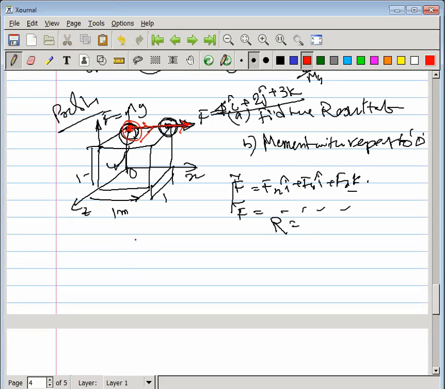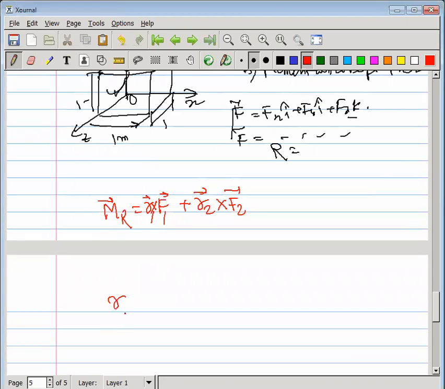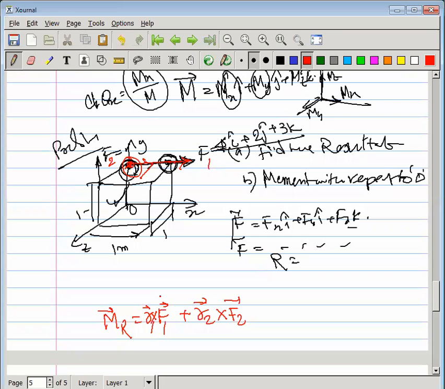Now next, what we have to do: the resultant moment is nothing but r1 cross F1 plus r2 cross F2, and these are all vectors. Here r1 is nothing but, see, this is your r1.